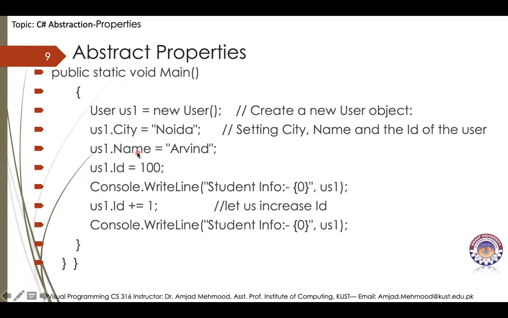So now this is setting this name, and actually this will get this name when you want to display here. And user ID, this is setting the ID. So this is how abstract properties work.